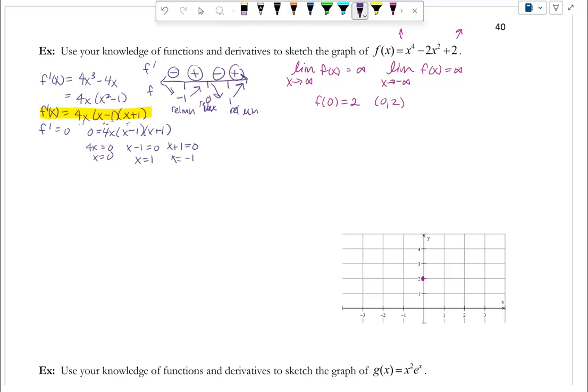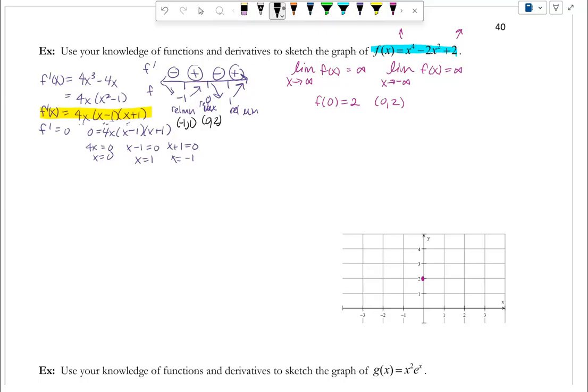All right, so if we wanted to go ahead and find those, we would just find the output. I need to just plug those values back into my function f itself. So if I think about what is f of -1, I should get a +1. So I get this ordered pair (-1, 1). f of 0, well, we already know that that's going to be (0, 2). That's our y-intercept.